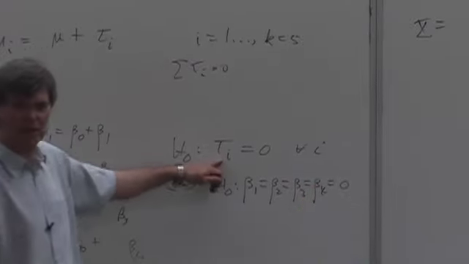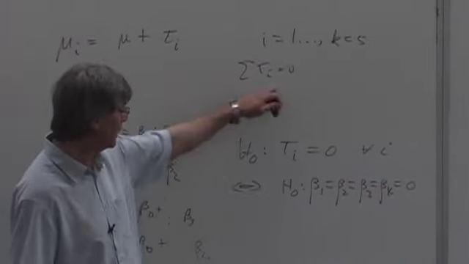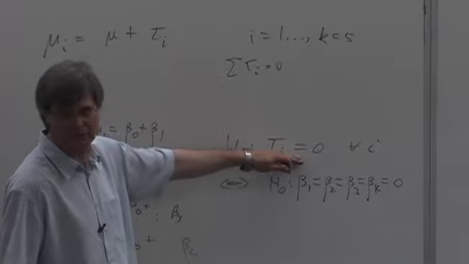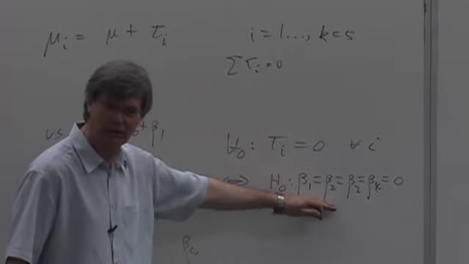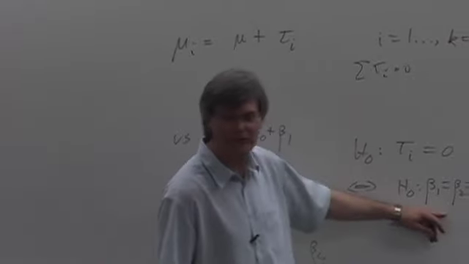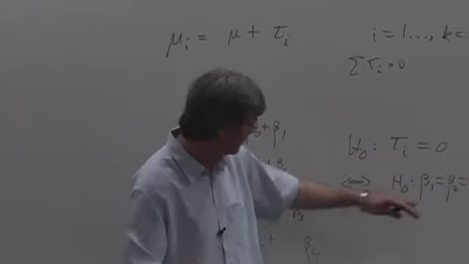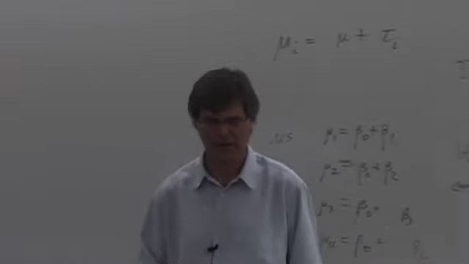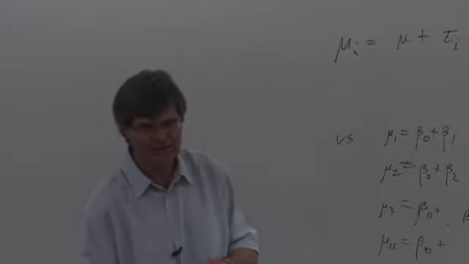Because these taus are not independent, there's one constraint. There are 5 equal zeros here, but only 4 equal signs here. In other words, there are only 4 degrees of freedom for this hypothesis. So you have to keep your wits about you. There are only 4 degrees of freedom for testing this hypothesis in the corresponding SSH. Right? SSH has 4 degrees of freedom.